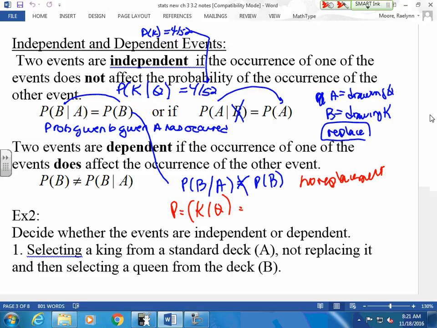So if I draw my queen and I do not replace it, I'm holding it in my hand, what is now the probability of drawing a king? 4 out of 51. But drawing a king by itself is 4 out of 52. So therefore, they are not the same. You have a dependency, it's going to change.